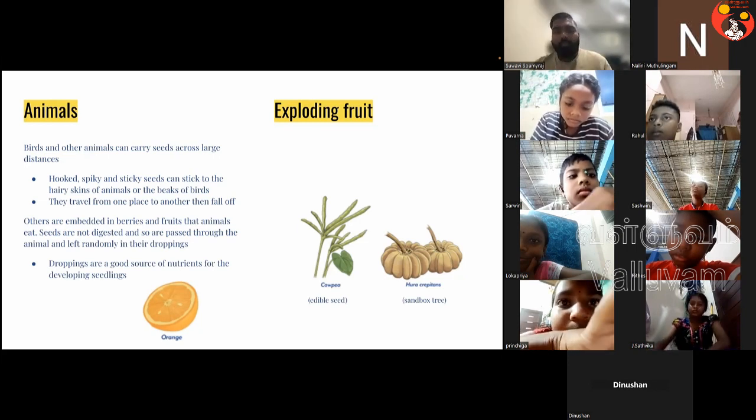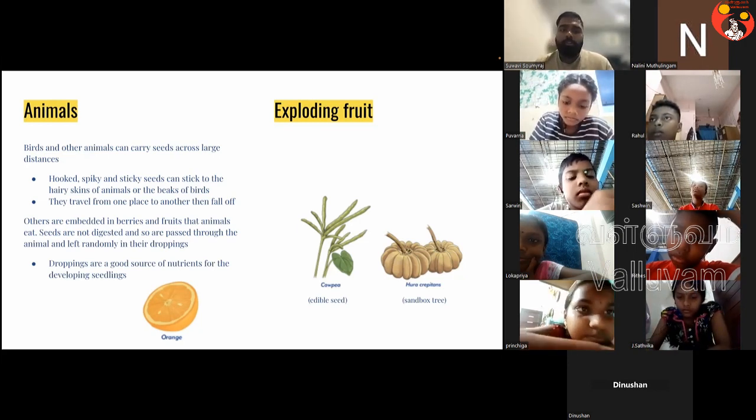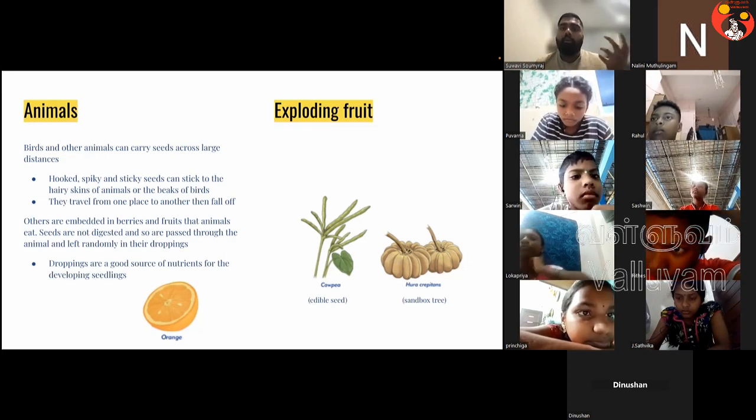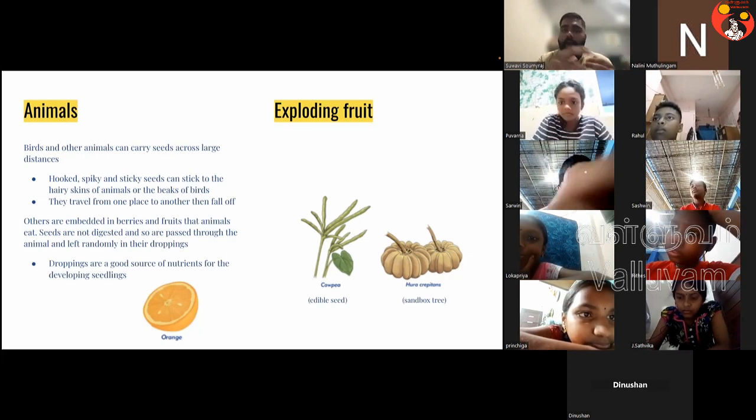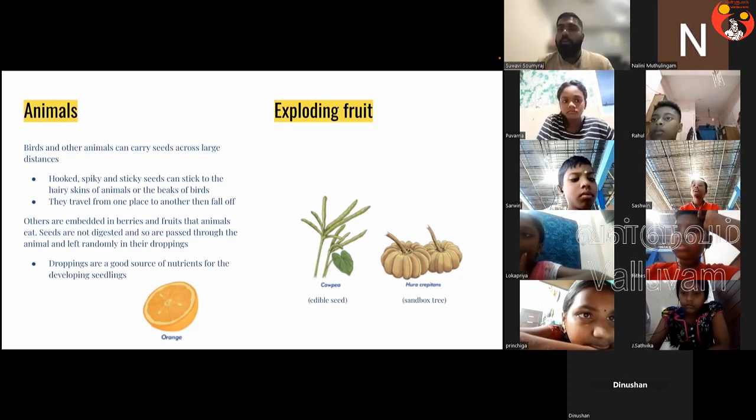Now, the droppings themselves are a good source of nutrients for developing seedlings, right? Because they're byproducts of the food that the animal was eating. So often when you see seeds deposited in an animal's waste, they tend to thrive and grow, becoming plants themselves.